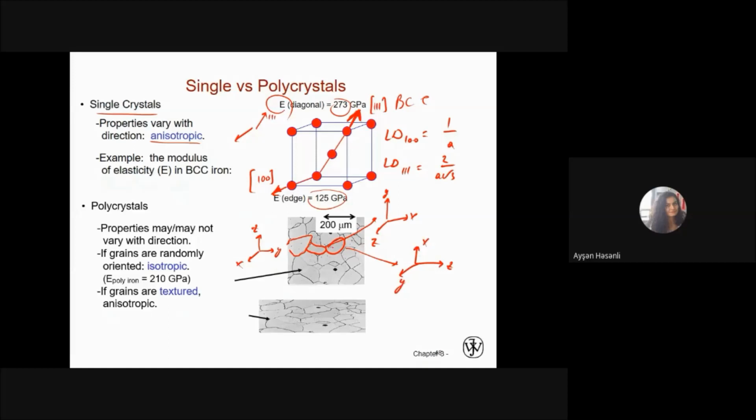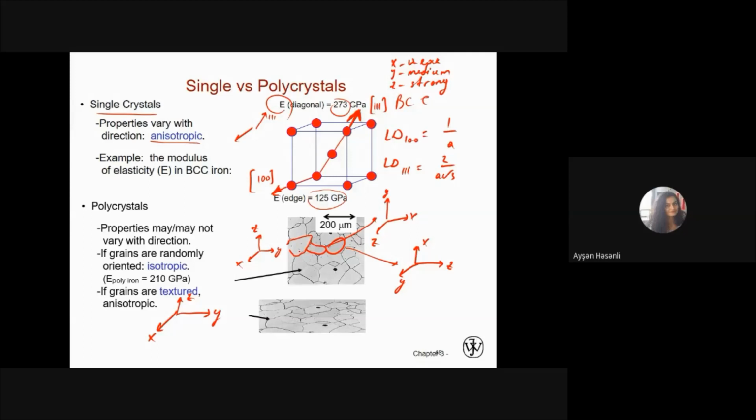So what will happen when I measure, let's say, in the X direction? Let's assume that my material is weak in the X direction, medium strength in the Y direction, and strong in the Z direction.